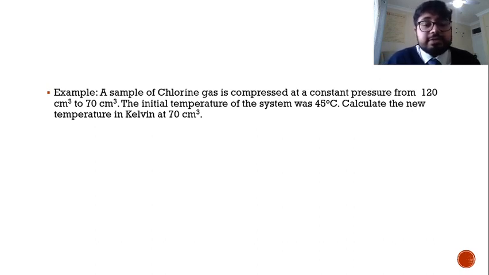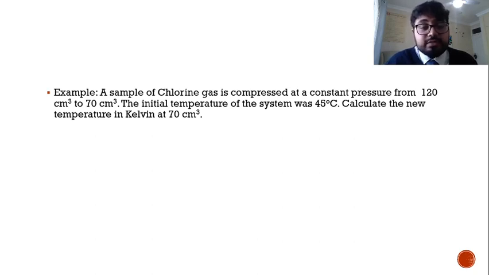And our example says a sample of chlorine gas is compressed at a constant pressure from 120 cm cube to 70 cm cube. The initial temperature of the system was 45 degrees Celsius.